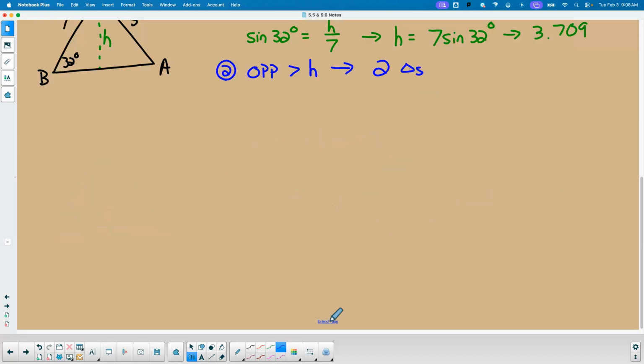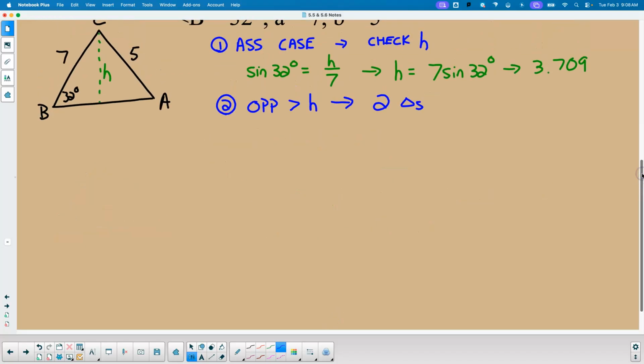So in our first triangle, we would go sine of 32 degrees all over 5 is equal to the sine of angle A all over 7. Which would mean then that the sine of angle A would be 7 sines of 32 degrees all over 5.